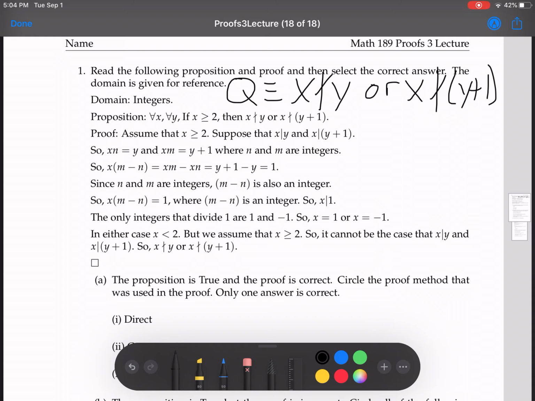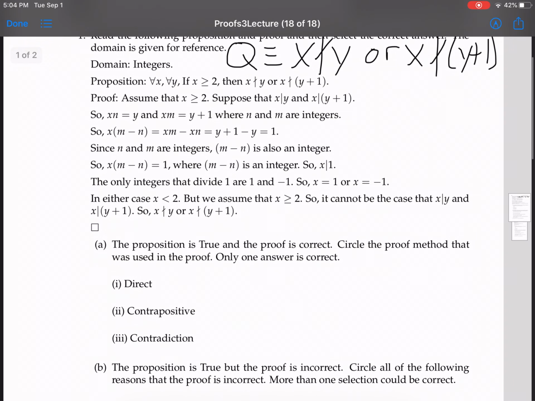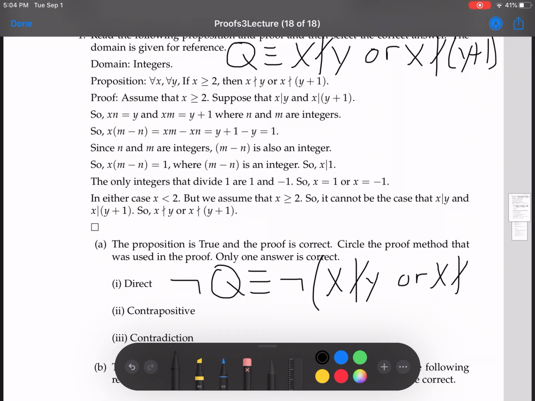So let me give myself some room here. Not Q is going to be the negation of x does not divide y, or x does not divide y plus 1.